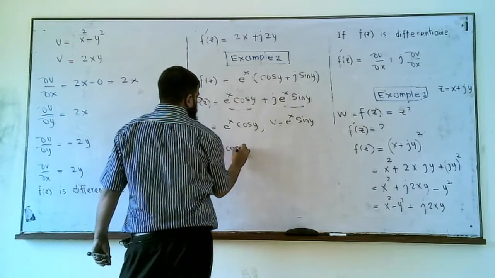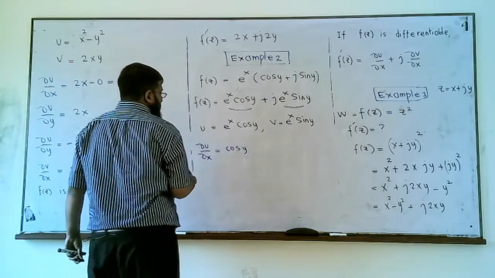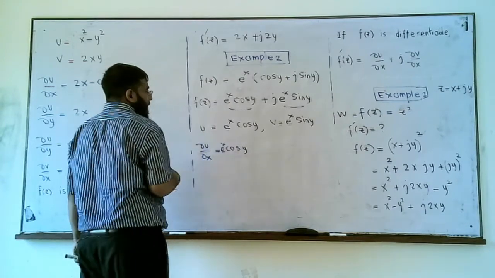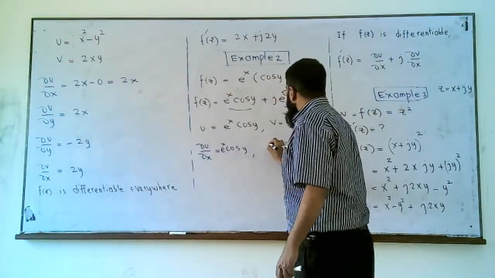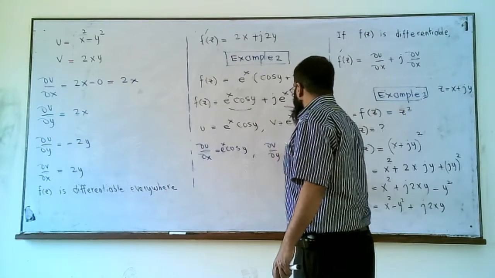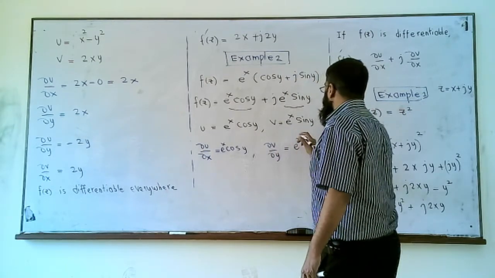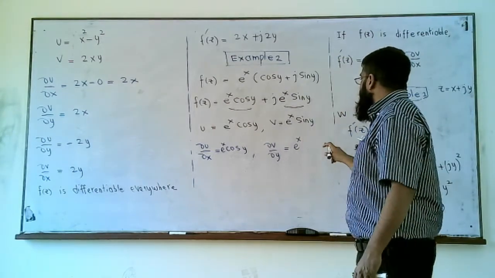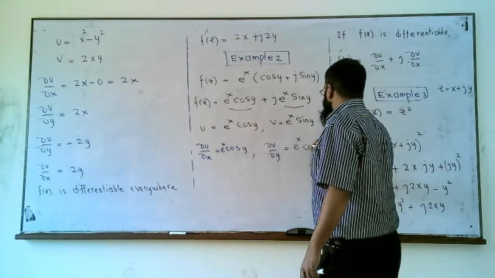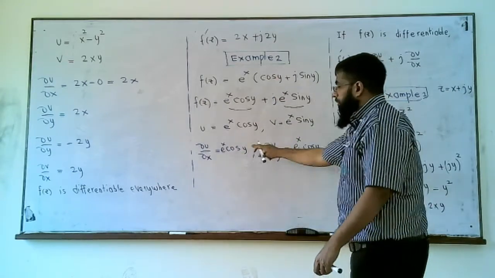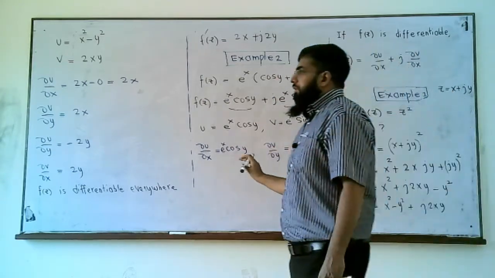Cos y is written as such, and e to the x has a derivative e to the x. And partial v over partial y is e to the x, treated as a constant and being multiplied, so we'll write it here. Sin y has a derivative cos y. So partial u over partial x comes out to be partial v over partial y. This means the first of the two equations is satisfied.